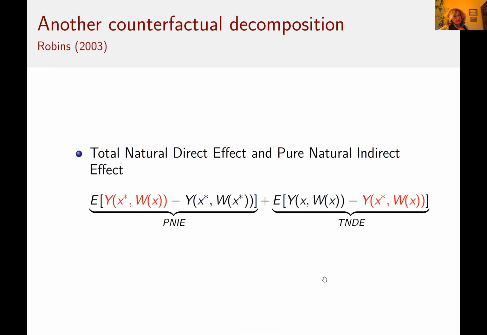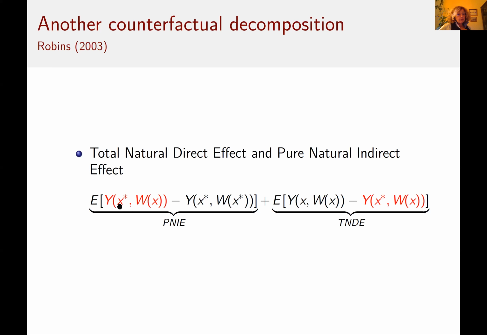There is also a second counterfactual decomposition where you exchange the roles of x and x star, and the interpretation is similar, but what varies is the level here. For instance, this is a natural indirect effect.